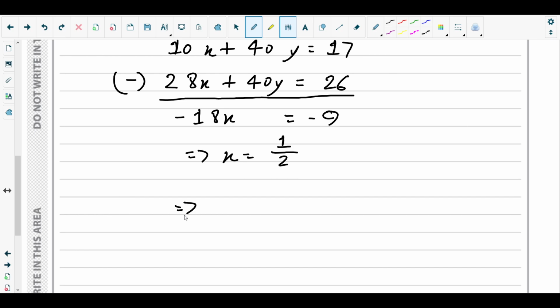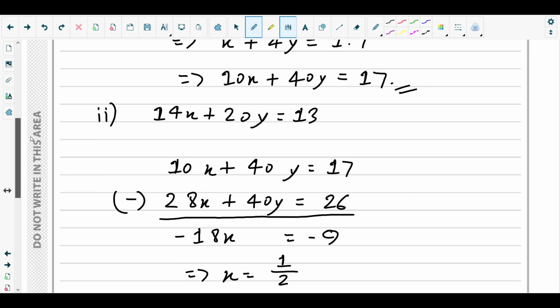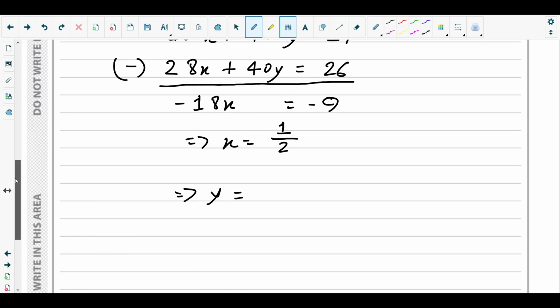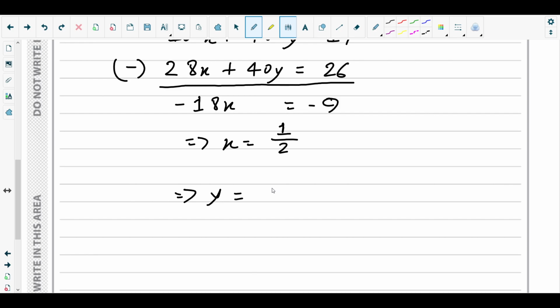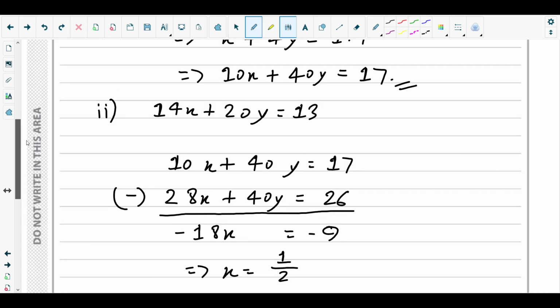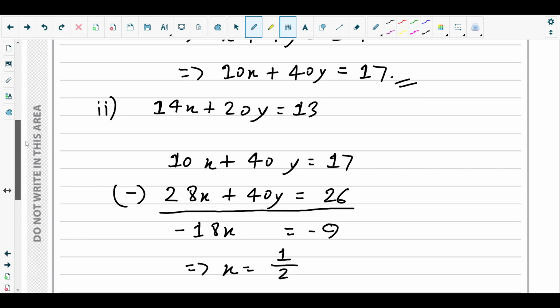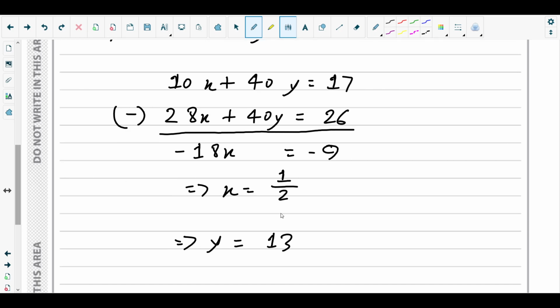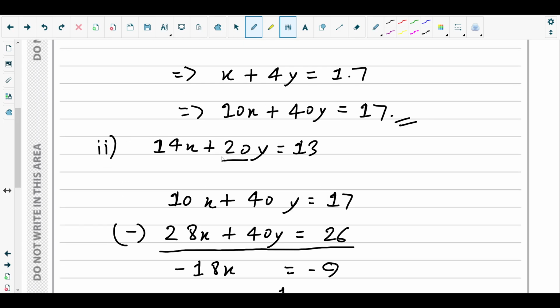Now we need the value for y, so you can put the value for x in any of the equations. So y would be 13 minus 14x. 14 times half is 7, so 13 minus 7, divided by 20, the coefficient of y.